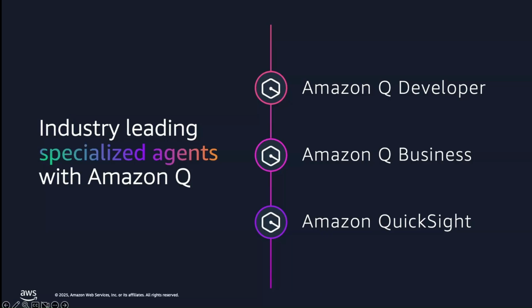Amazon Q Developer does not stop there. It started with code completion, but it can look at your code base holistically and help you review code, check for bugs, do unit testing, write documentation, and things like that.